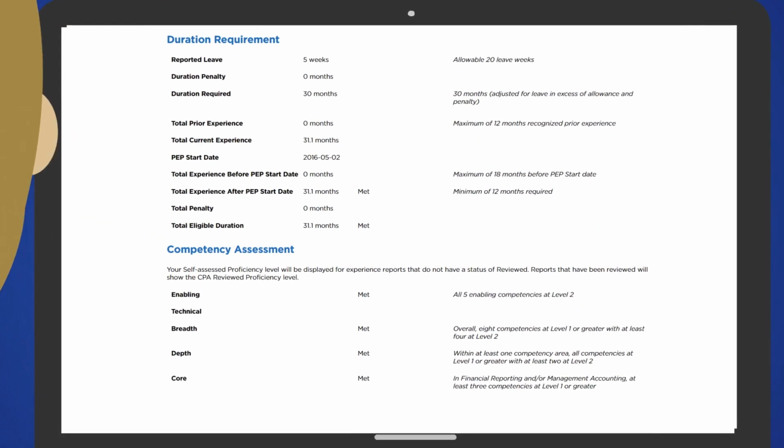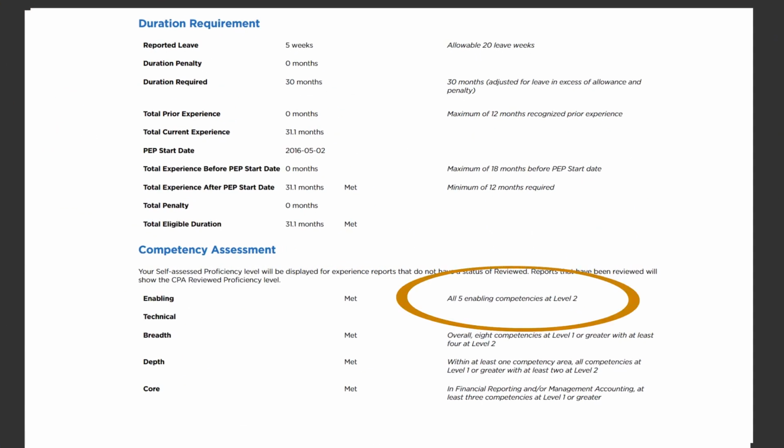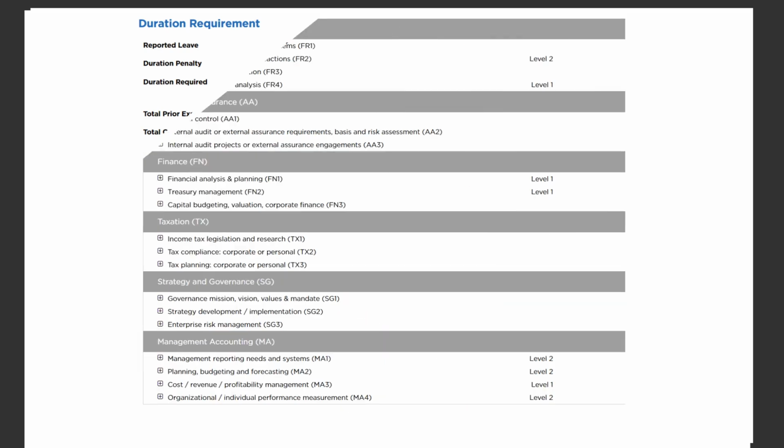He has self-assessed Level 2s in all enabling competencies. He has self-assessed that he met the core, depth, and breadth technical competency requirements.